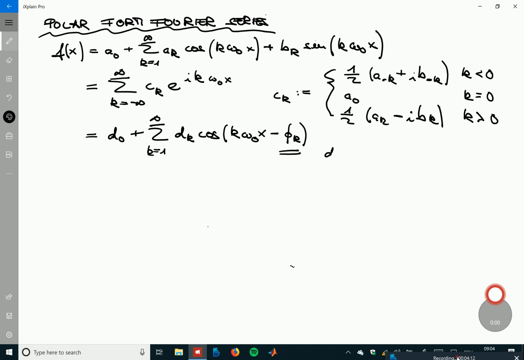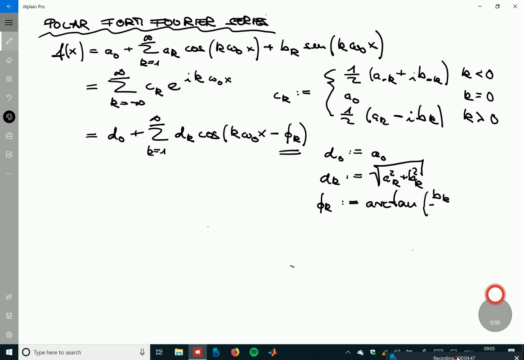Like the CK, these coefficients can be evaluated based on the AK and BK. So our D0 is A0, our DK is the square root of AK squared plus BK squared, and our phi k, so this phase, is the arctan, which is something like the inverse of the tangent function, which we also briefly discussed in the very beginning.